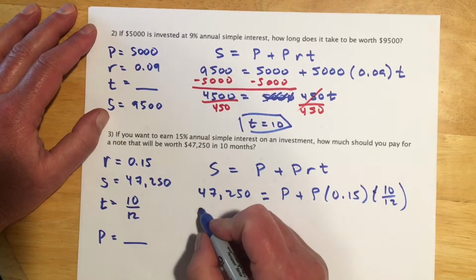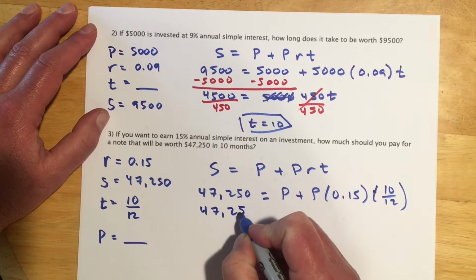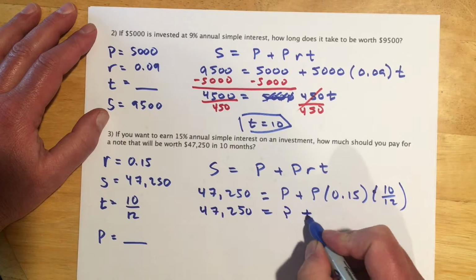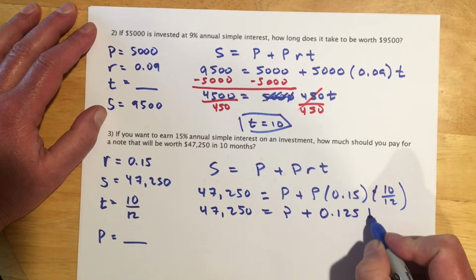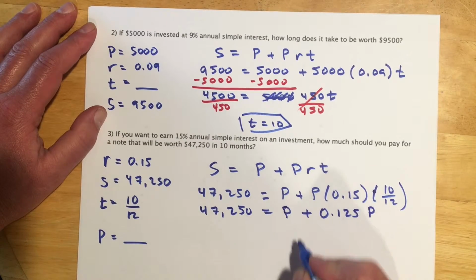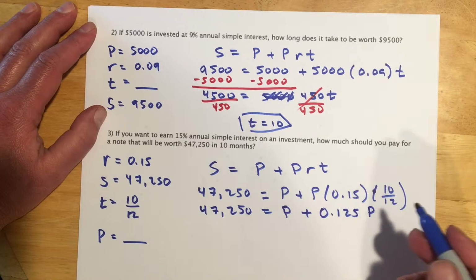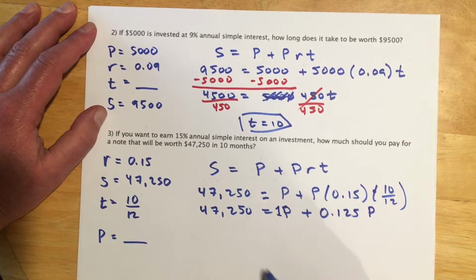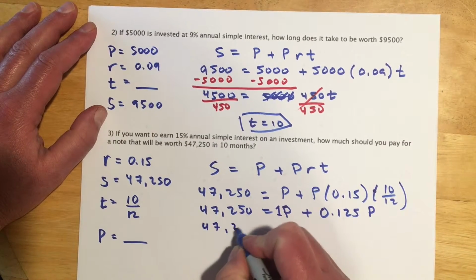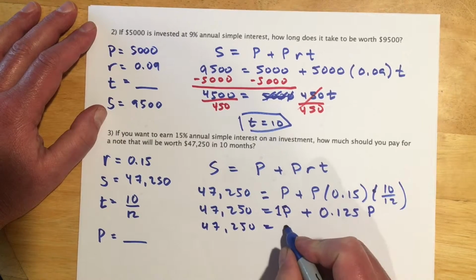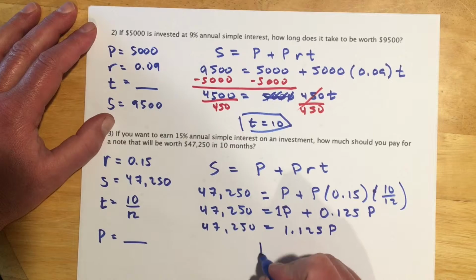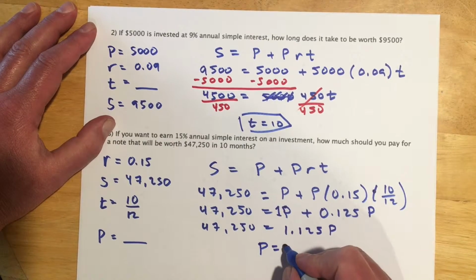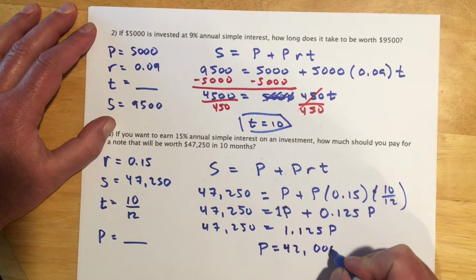I put this in the calculator, and I got 0.125 P for that. And then these are both like terms. This just has an invisible 1 in front, so I can put those together and get 1.125 P, and then divide that over. So I got P to be $42,000.